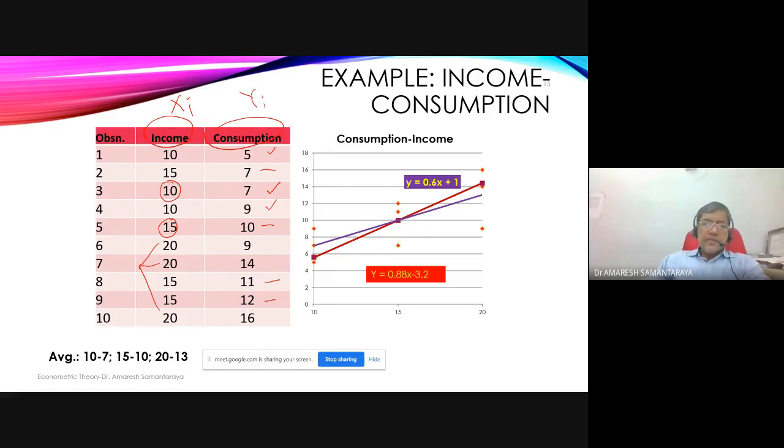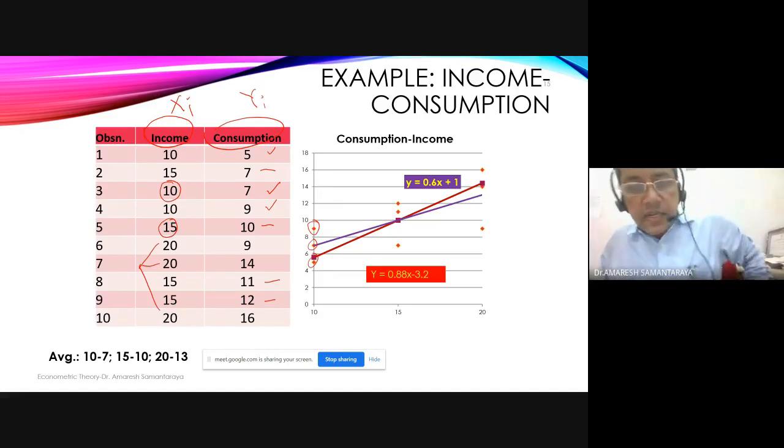Now, if I plot those figures in my graph, my y-axis represents consumption and x-axis represents income, then you have these red dots. These red dots are basically the observations. Corresponding to income 10, we have somebody with consumption expenditure 5, somebody with consumption expenditure 7, and a third person with consumption expenditure 9.